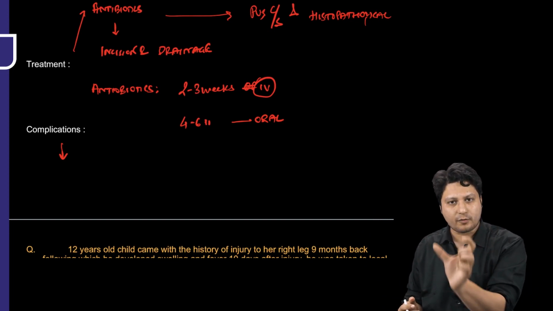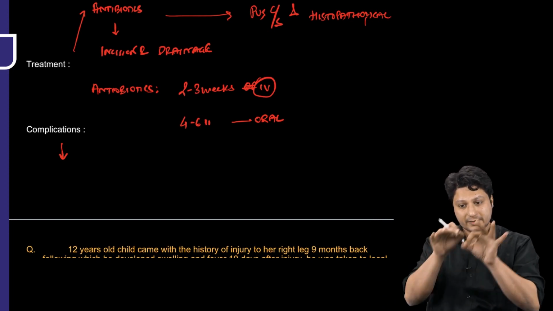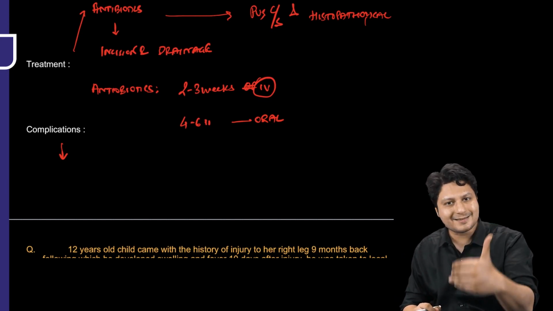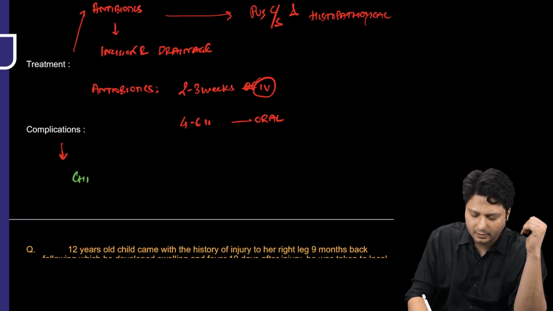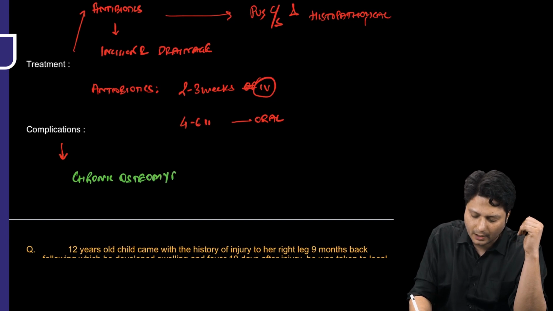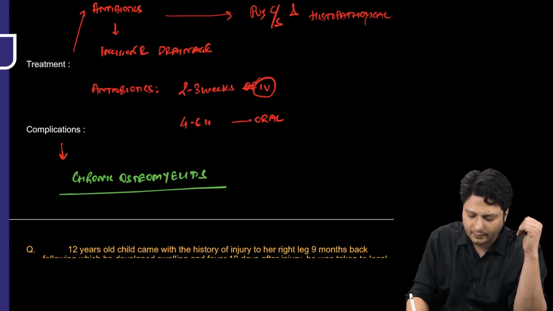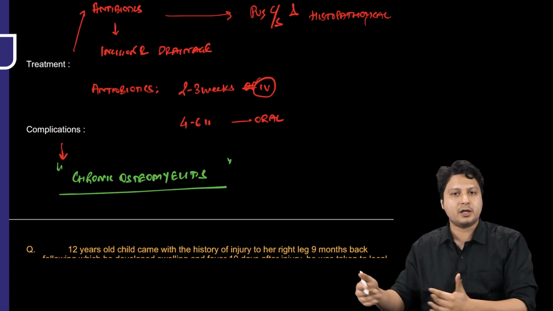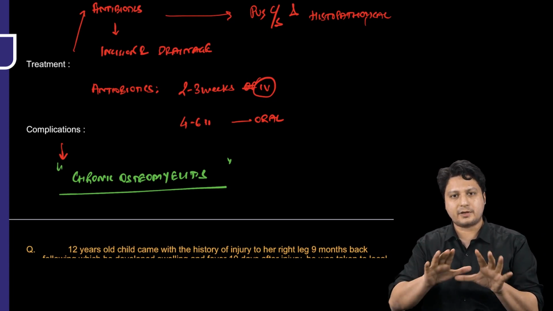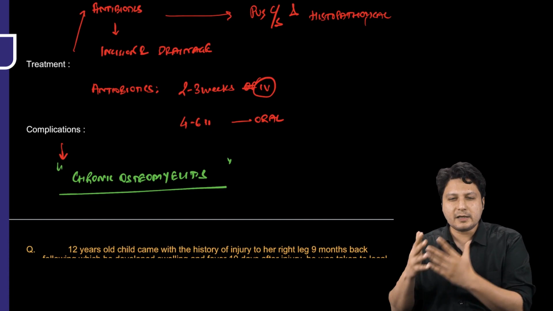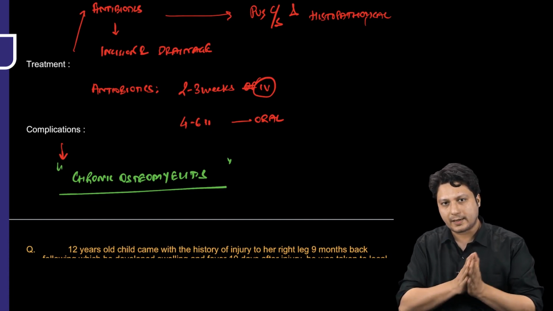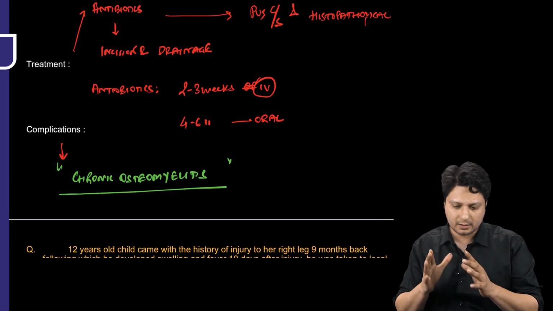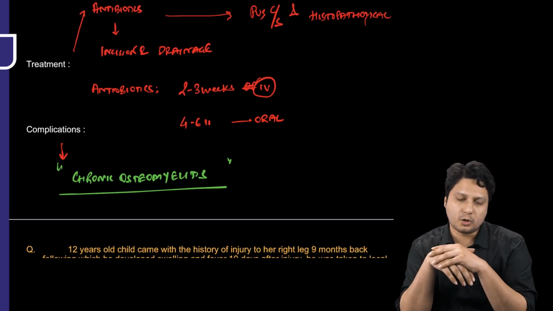Because of this lack of compliance, some amount of the organism will persist inside the bone, and that persistence for a long duration might result in chronic osteomyelitis. All right. So ill treatment or maltreatment of acute osteomyelitis might result in chronic osteomyelitis. That is considered to be the most common complication, very commonly seen, where after incomplete management of acute osteomyelitis, the condition gets converted into chronic osteomyelitis.